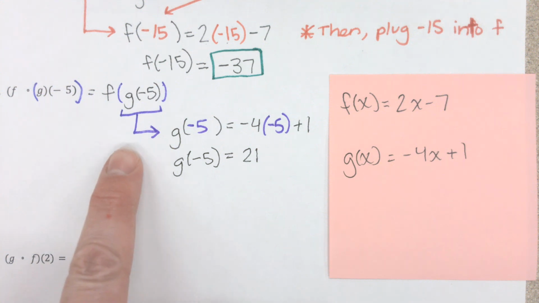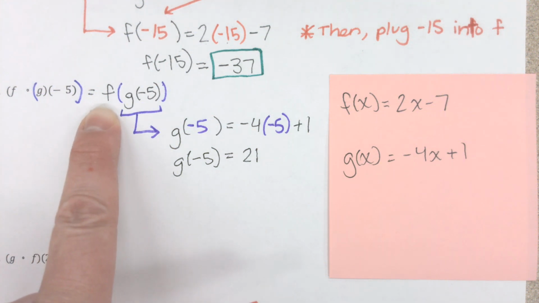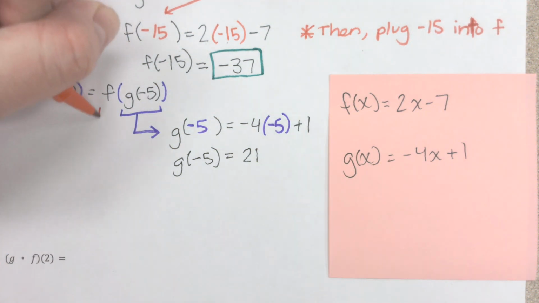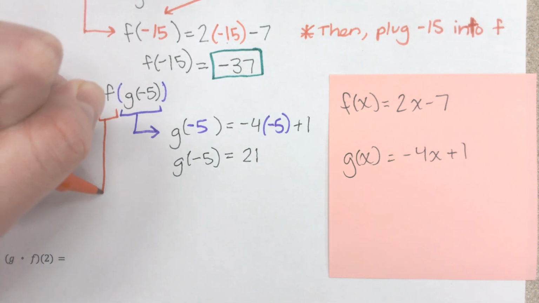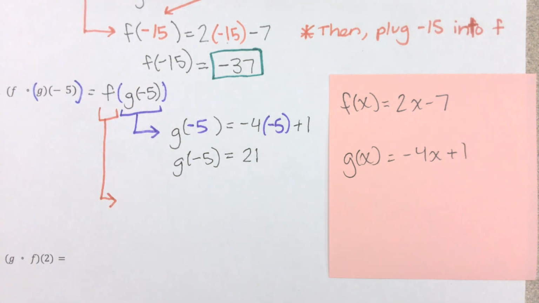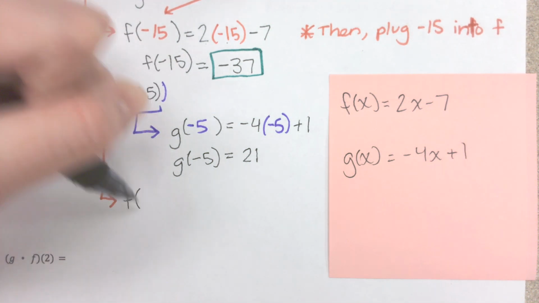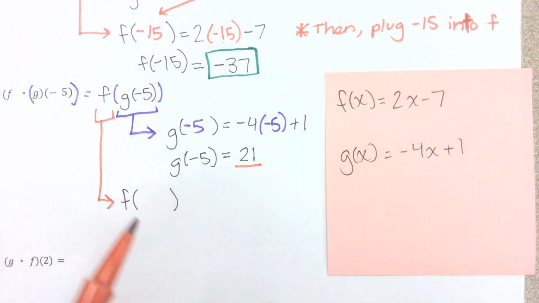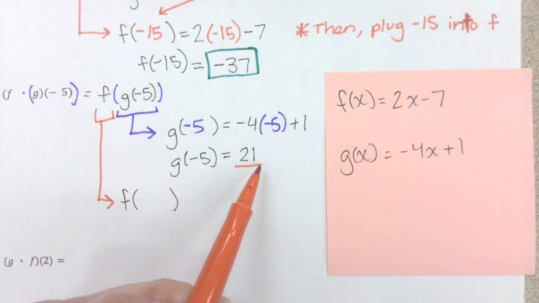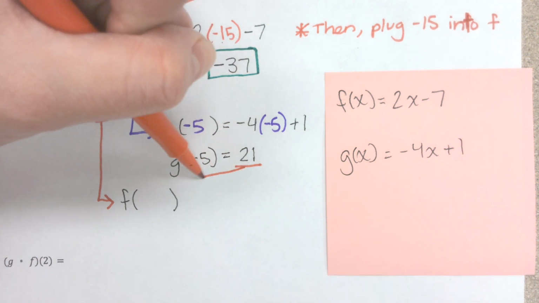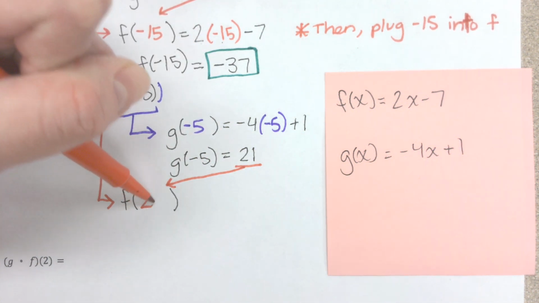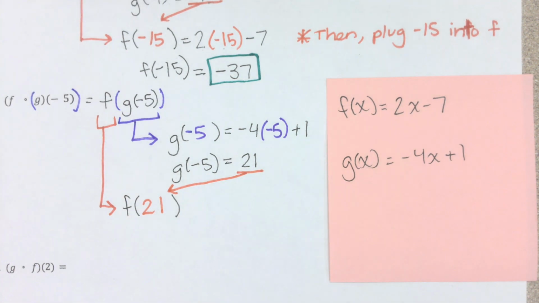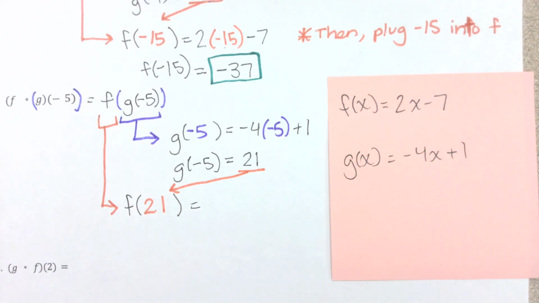We're not done yet because we still have to worry about the outside function. So now I'm going to bring down f. And again, we figured out that the number inside of here is actually just 21. So I'm going to bring that and drop it down into these parentheses. And now we have a second problem to solve, f of 21.